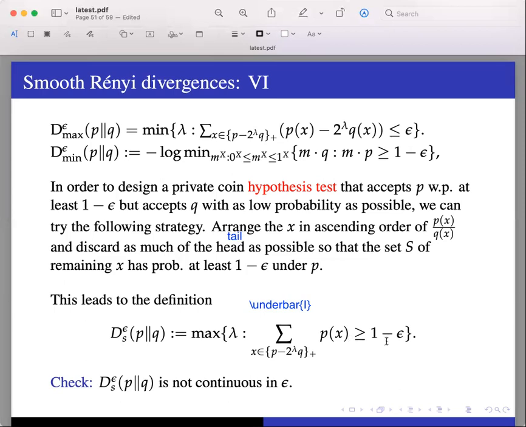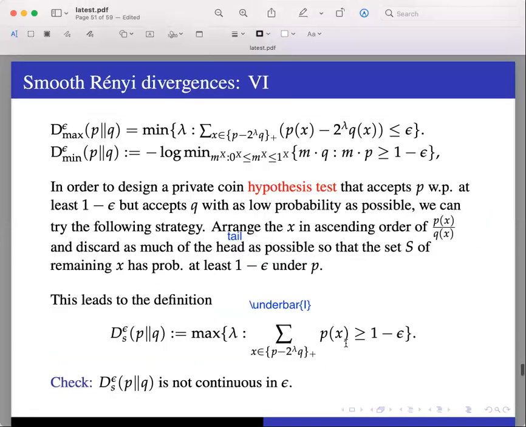So if my hypothesis test is just to accept the symbols in the plus set, then I'm done. This hypothesis test works for P with probability 1 minus epsilon. What about Q? Note that for this good set, the ratio Px by Qx is larger than 2 to the power lambda. In other words, Qx is less than 2 to the power minus lambda times Px.